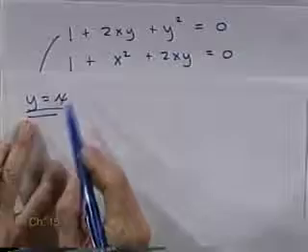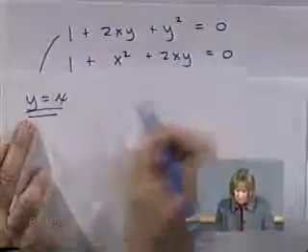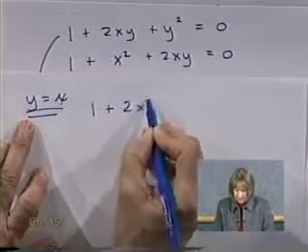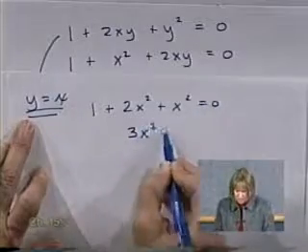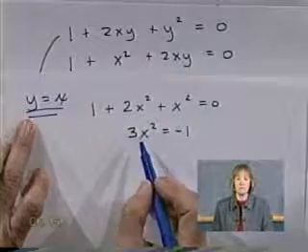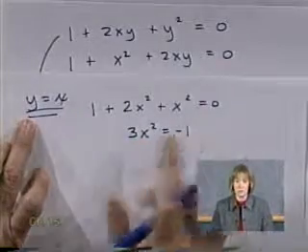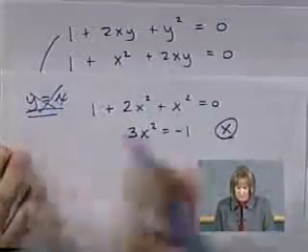So if I plug in x whenever I see y, let's do it into the top equation, I get 1 plus, where I see y I'm going to put x, and I get 3x squared equals a negative 1. Well, we're dealing with real variables, and there is no real number that 3x squared is equal to a negative 1. X squared is always positive, so there's no solution. So that's not going to happen.